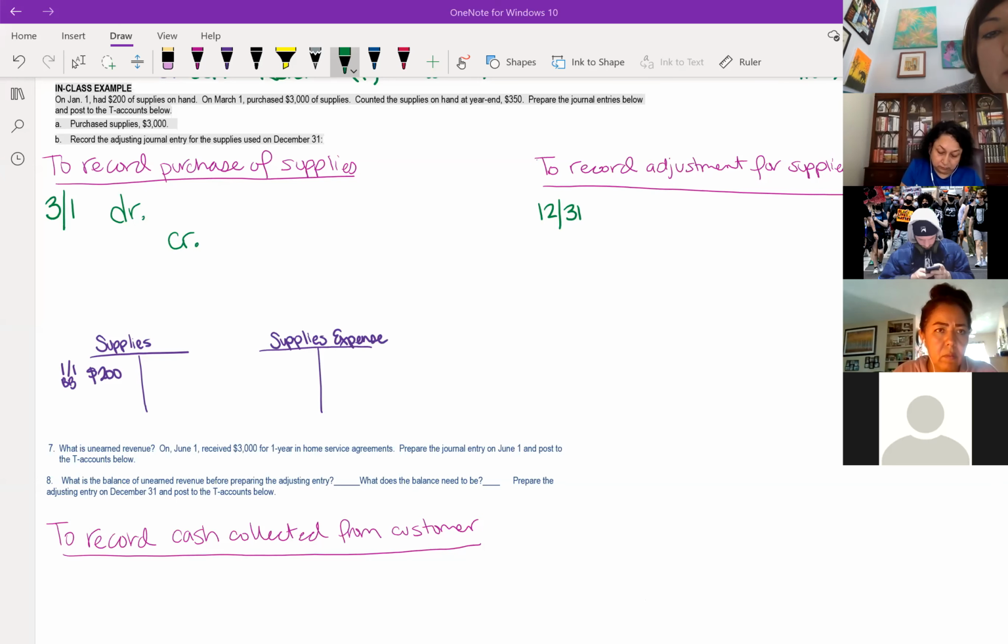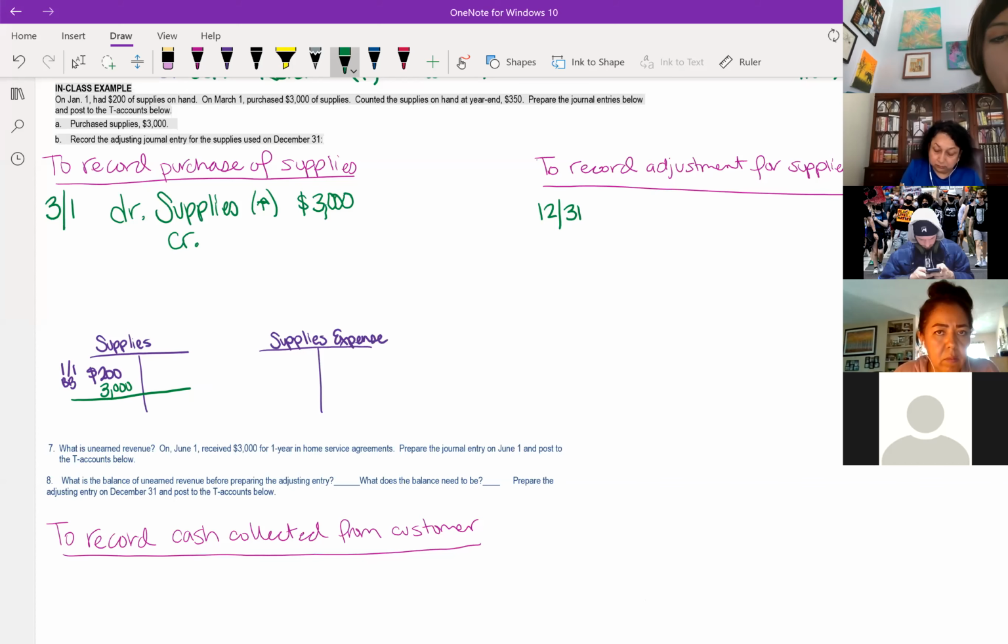So we're going to debit supplies, an asset account, increasing supplies for $3,000. We now have an additional $3,000 worth of supplies available to be used during the period. So they have a balance now of $3,200 worth of supplies available.